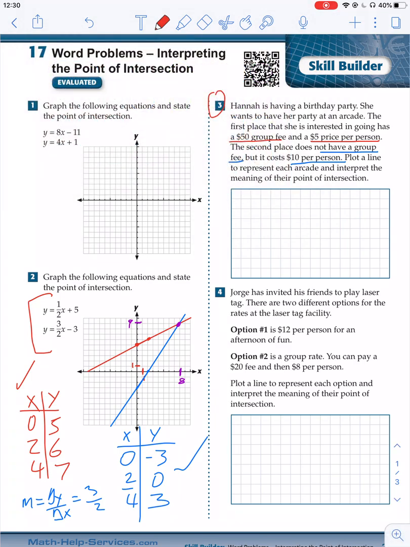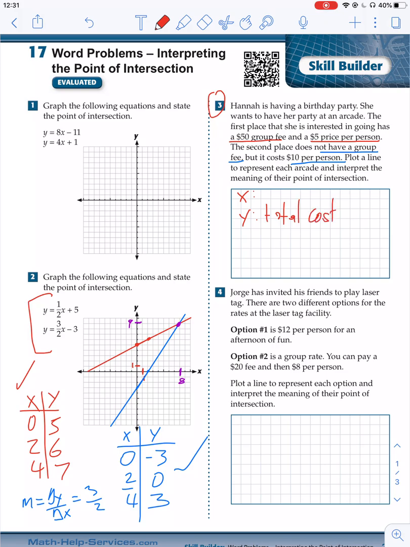Before you come up with an equation, the first thing you need to do is identify what x is and what y is. X is what you think affects the total cost, and y is your total cost.